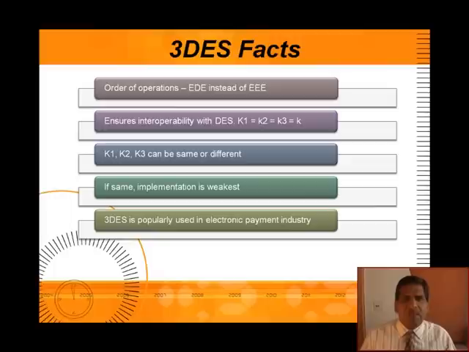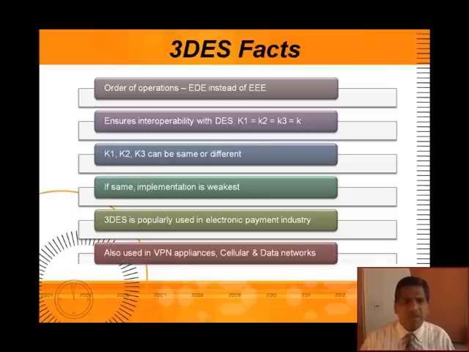Now triple DES is very popularly used for electronic commerce. In the electronic payment industry, a lot of applications are still making use of the triple DES algorithm. In addition to that, there are appliances that are used in virtual private networks.